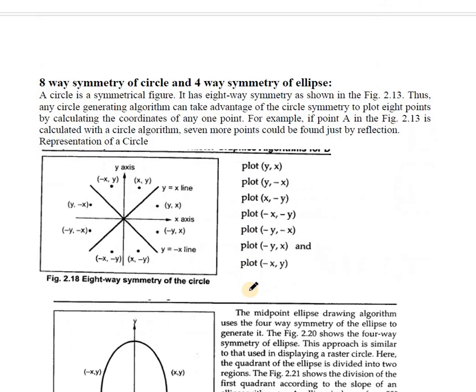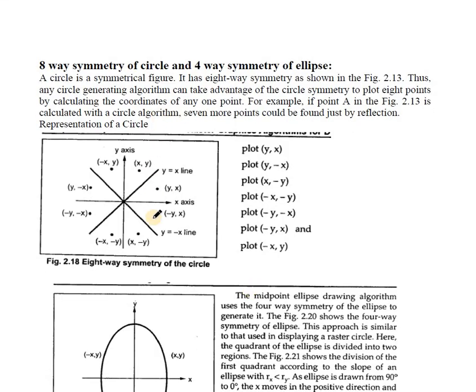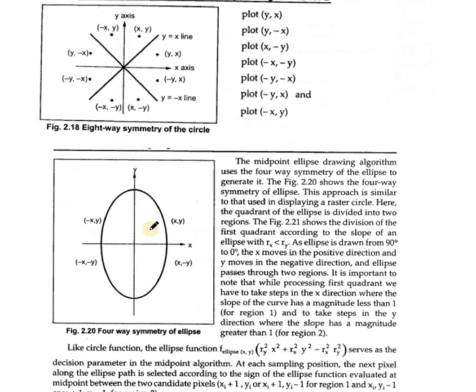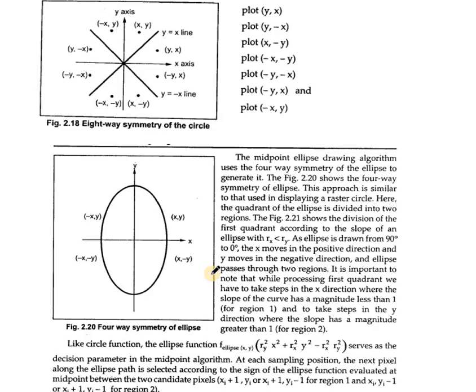Another thing that you can do in this regard is, just as you have 8-way symmetry for a circle, you have 4-way symmetry for an ellipse. An ellipse is elongated and it has 2 radii, rx and ry. So why do we say an ellipse has 4-way symmetry?